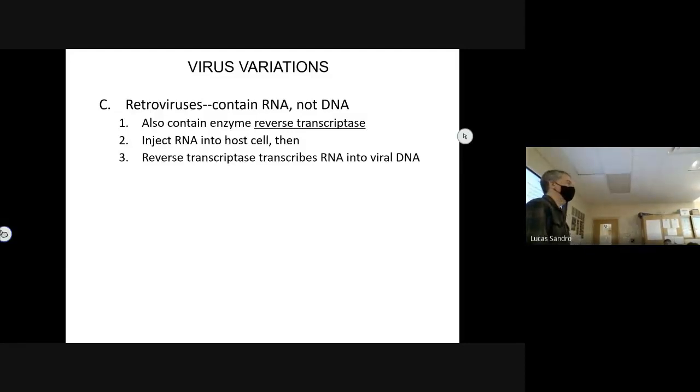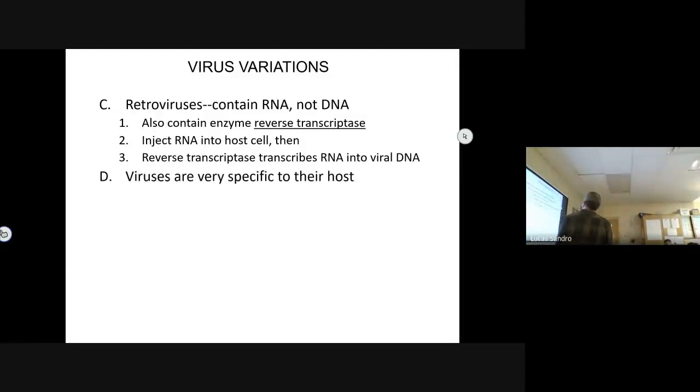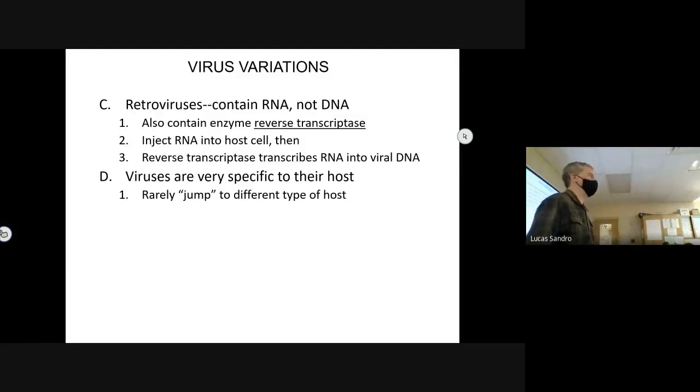Meantime, something that's important to know about viruses, I think I've mentioned it, is that they tend to be really specific. Viruses tend to not like to jump from one species to another. It's the exception rather than the rule. You're not going to get your dog's flu virus.